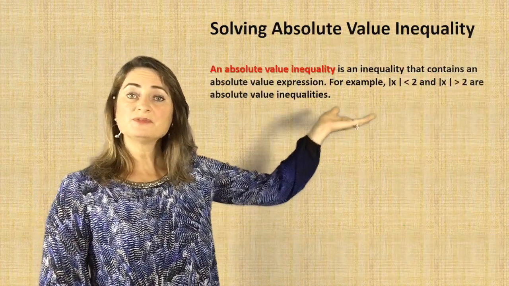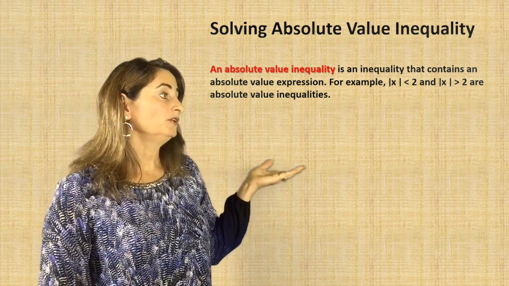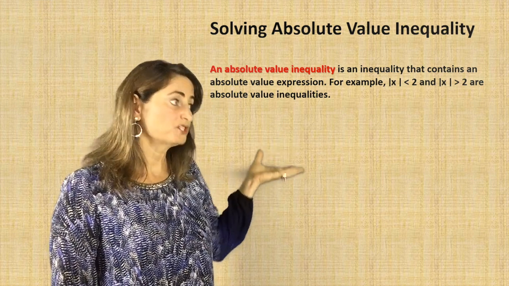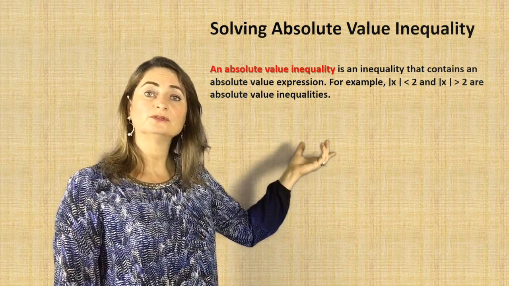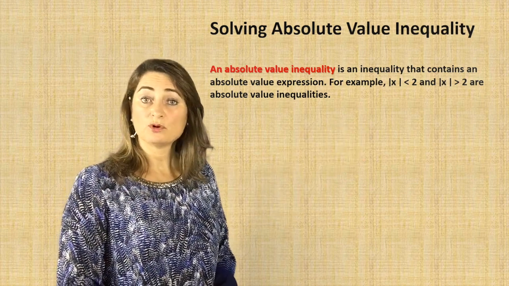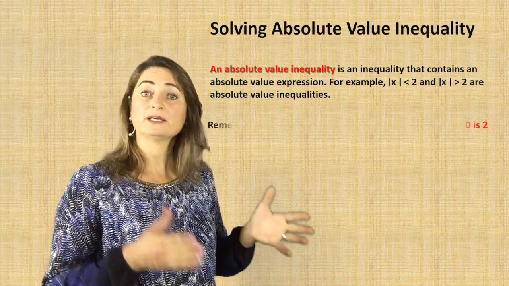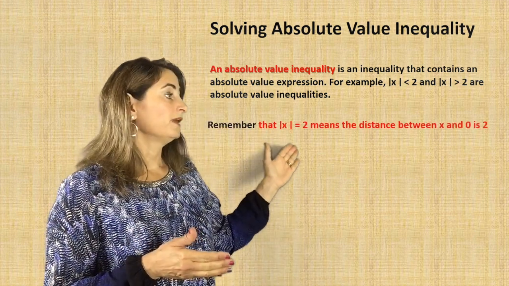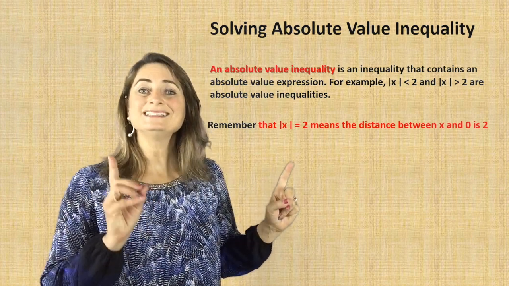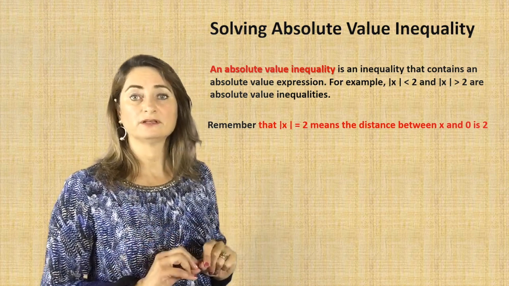An absolute value inequality is an inequality that contains an absolute value expression. For example, the absolute value of x less than 2 and the absolute value of x more than 2 are examples of absolute value inequalities. But keep in mind, the absolute value of x equal to 2 means the distance exactly 2 away from the zero, from both sides, positive or negative, on a number line.